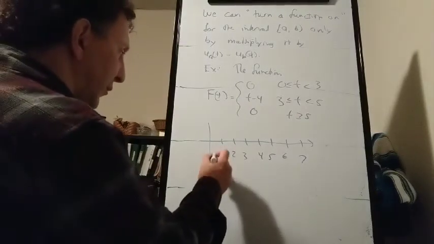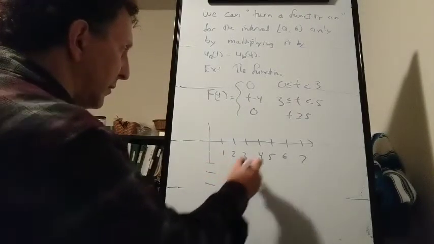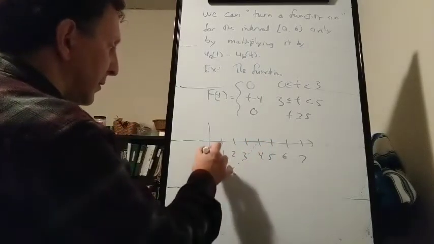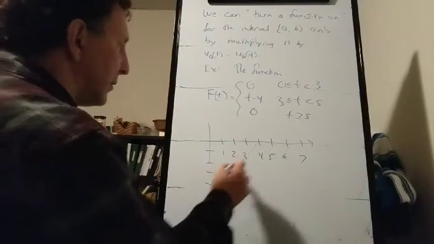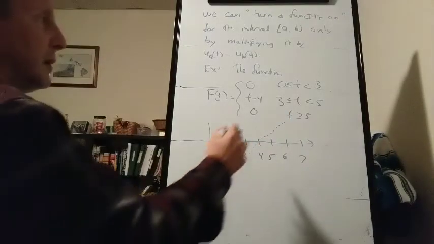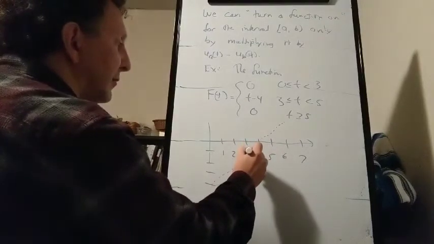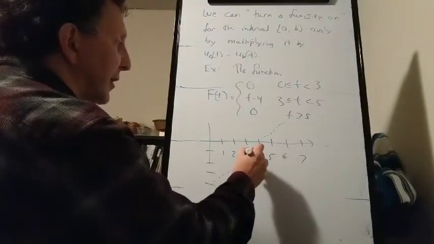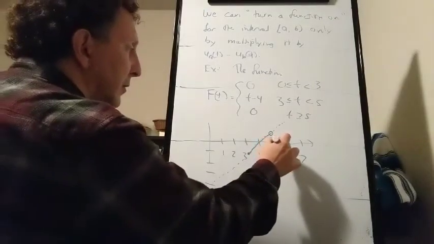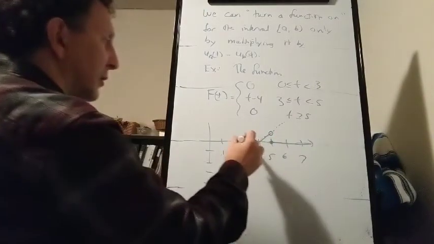So t minus 4 is this function right here. We only want it really from 3 to 5. We want the function to be 0 otherwise.